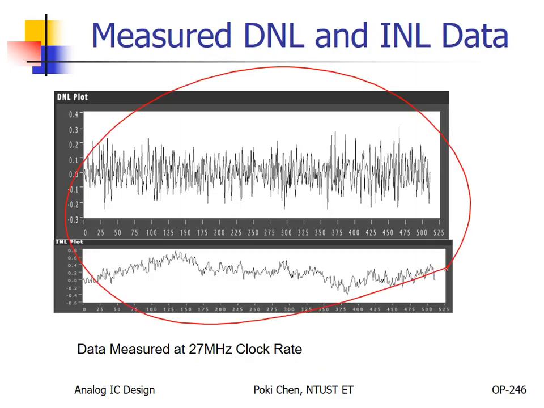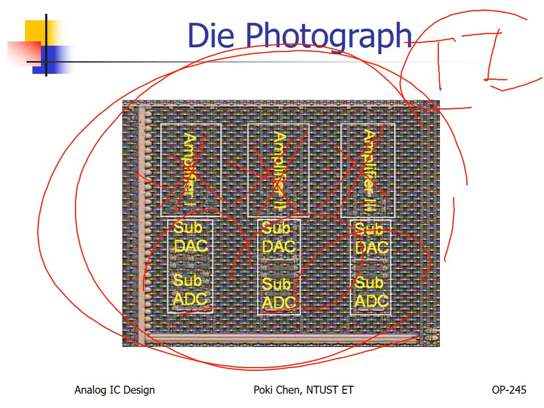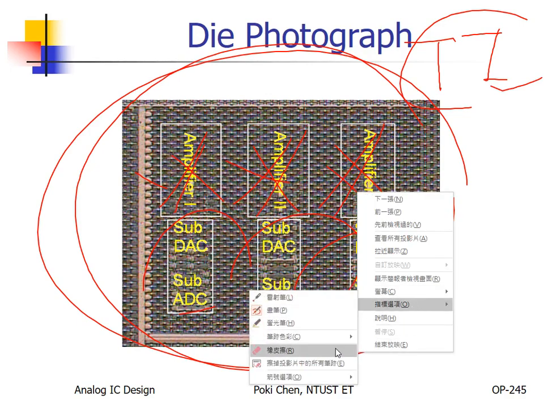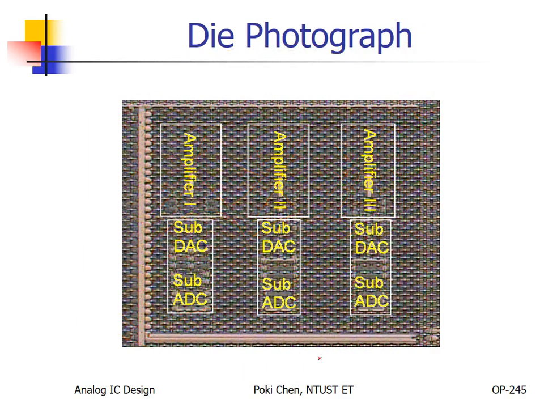After that, they offered 2 chips for blind test: one is the original, the other one is modified, with the old amplifiers replaced by the new one. Professor Geiger told me the new one only occupied 1/3 of the area. The others are open space.